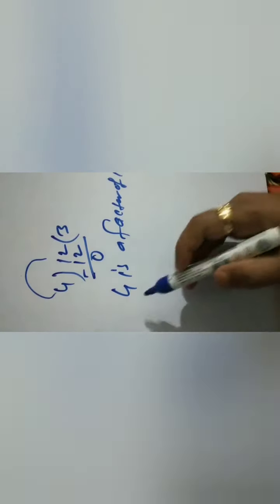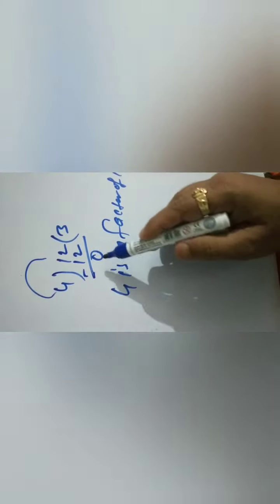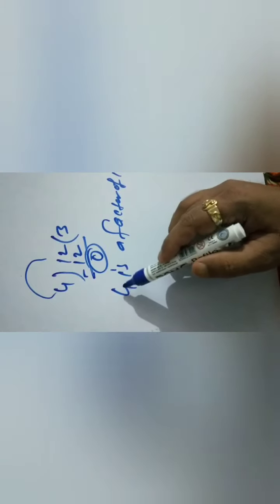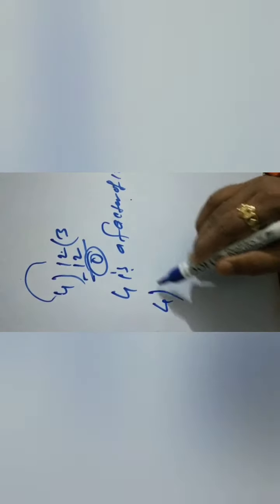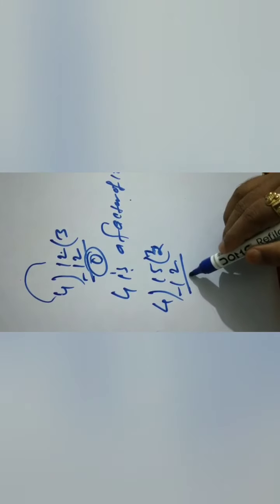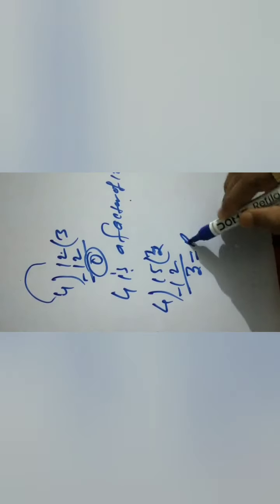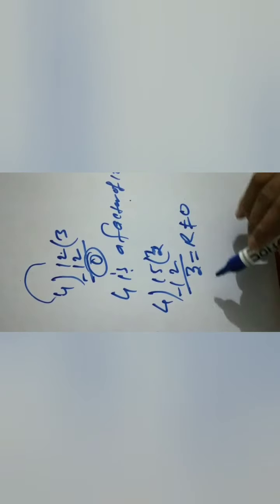When the remainder is 0, then we can say that 4 is a factor of 12. But if we divide 15 by 4, then in the quotient there will be 3, and 12 when we subtract it, the remainder is 3, which is not equal to 0, then 4 is not a factor of 15.